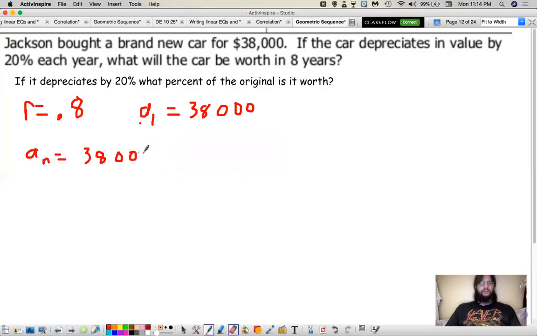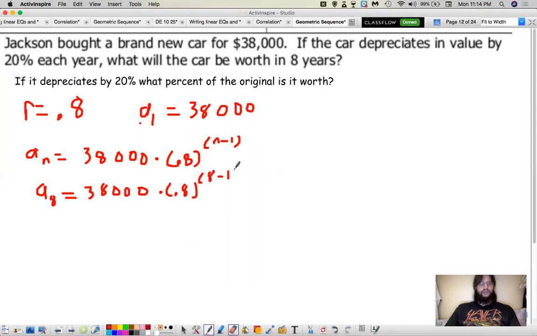38,000. Maybe I can English a little bit. Times 0.8 raised to the N minus 1. In our case, N will be 8. Lots of 8 here. A8 equals 38,000 times 0.8 to the 8 minus 1.